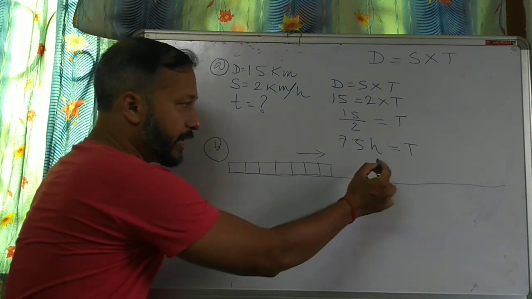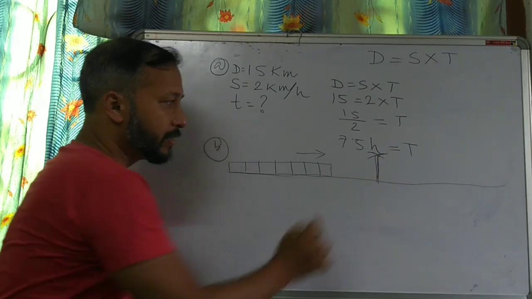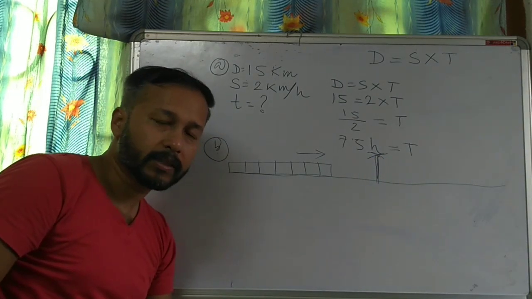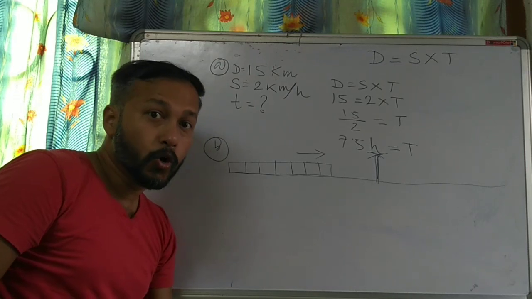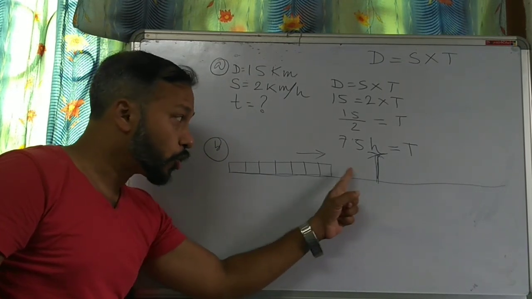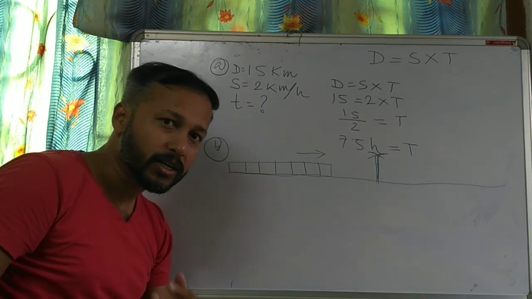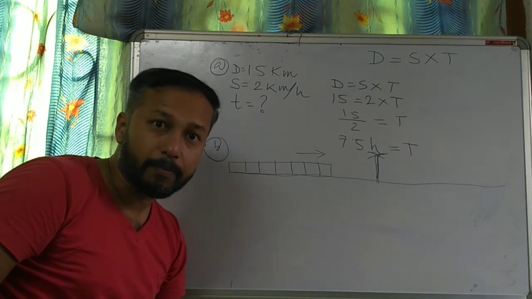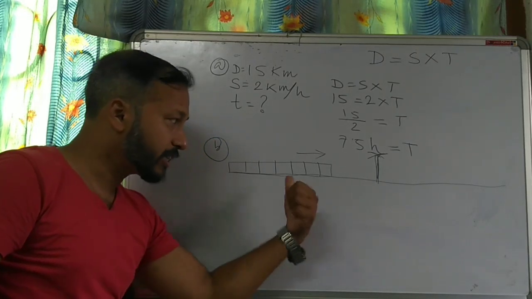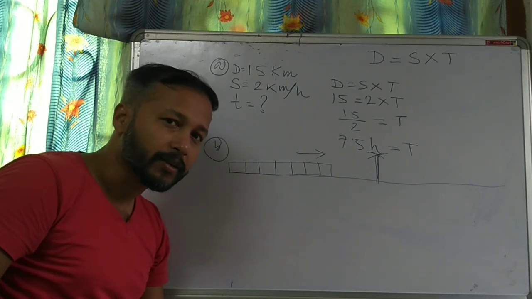Now here is a tree. Now what is the time required for this train to cross this tree? You understood my question? I repeat. What is the time required for this train to cross this tree?